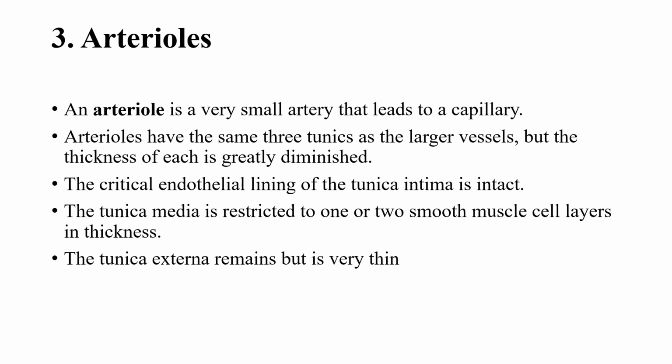The critical endothelial lining of the tunica intima is intact. The tunica media is restricted to one or two smooth muscle cell layers in thickness. The tunica externa remains, but it is very thin. So it will be present at the ends of the capillaries, and it is called an arteriole.